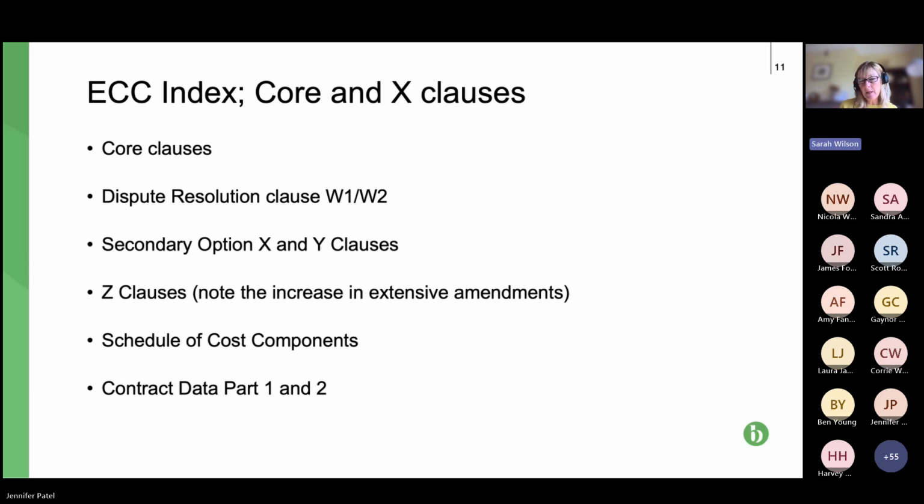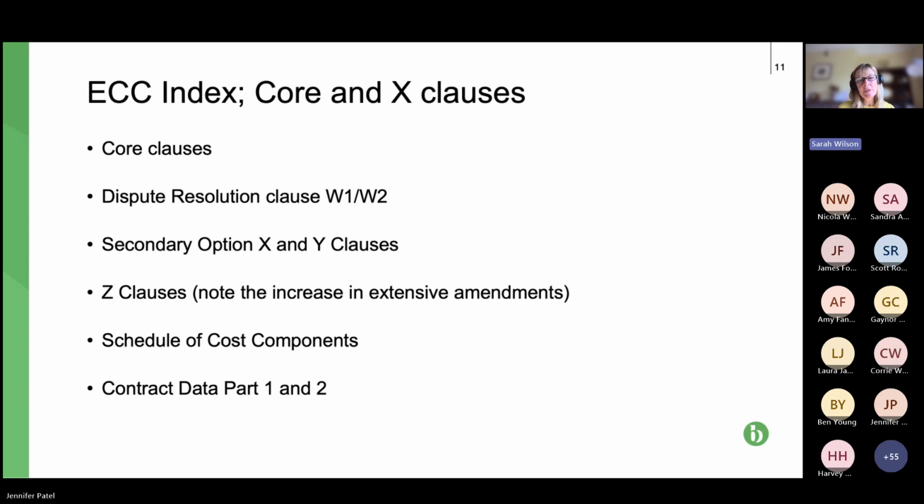They apply to every contract you enter into, subject to, fourth bullet point down, the Z clauses. Now, the Z clauses are the schedule of amendments that we often see with JCT, drafted by the law firm representing the client, or possibly the client's own drafting. So they basically make changes to the NEC form of contract.